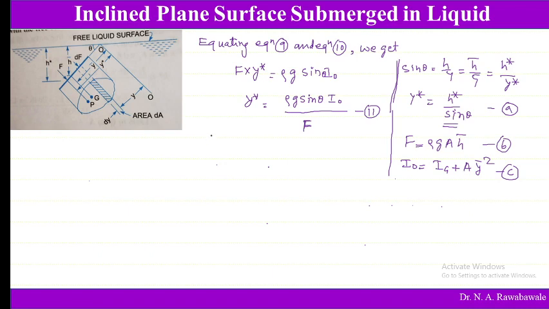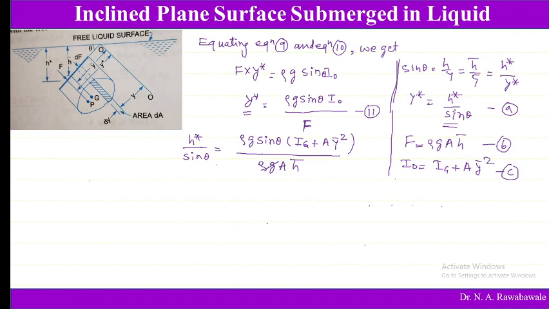So we get this, in place of Y star we can write as H star divided by sin theta, which is equal to rho G sin theta. In place of I naught we can write Ig plus A Y bar square divided by this value of F, which is rho G A H bar.